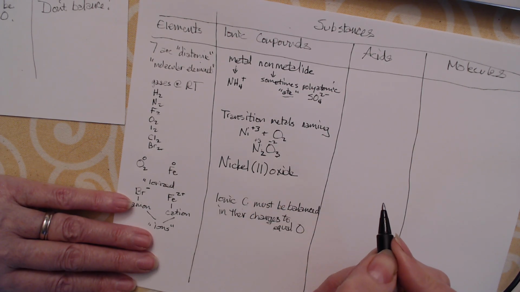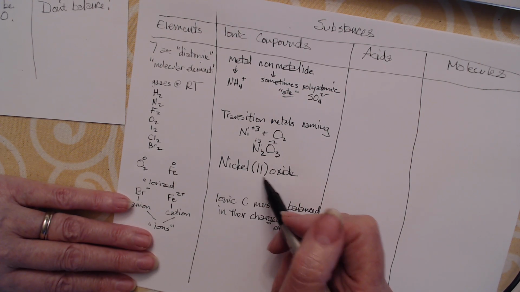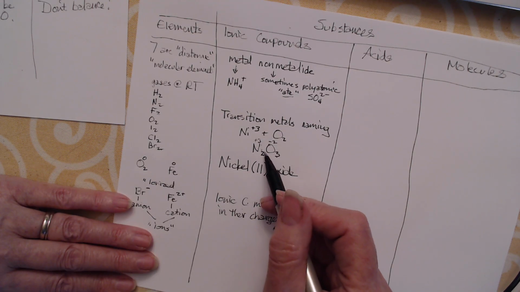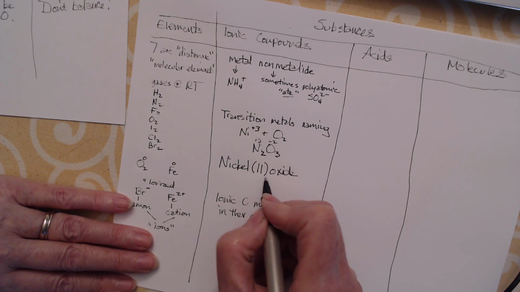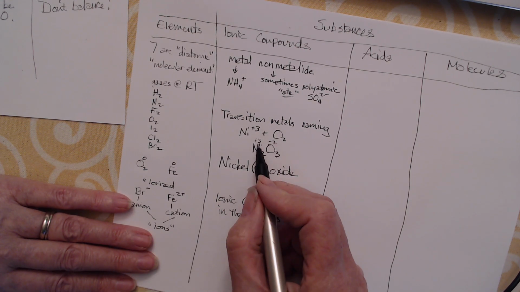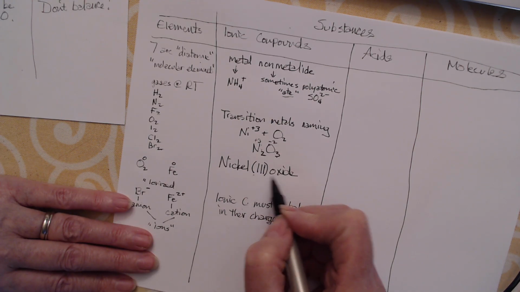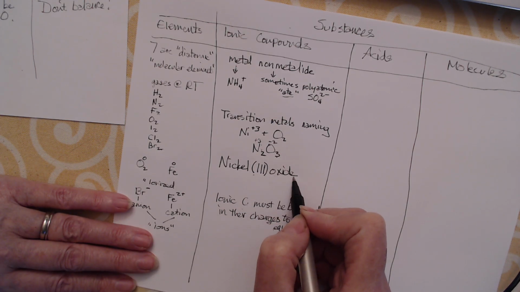And when I do that, I have indicated what my nickel has, +3. Sorry about that. I have a +3 charge on it, so it's nickel 3 oxide. Okay?